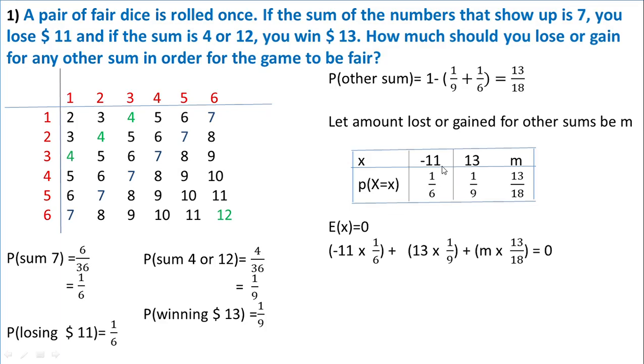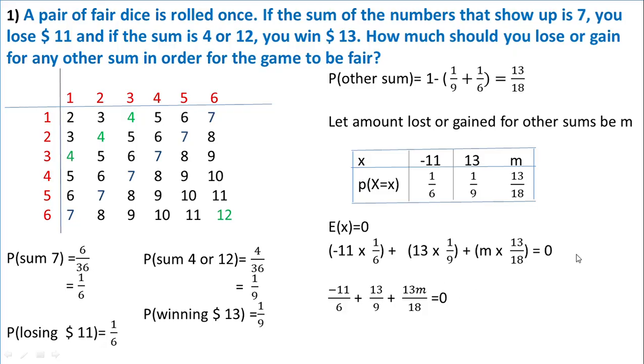So to get the expectation, we multiply X times the probability, the summation of X times the probability. Multiply negative 11 times 1 out of 6, plus 13 times 1 out of 9, plus M times 13 out of 18.